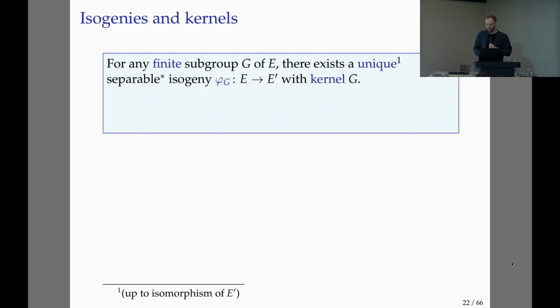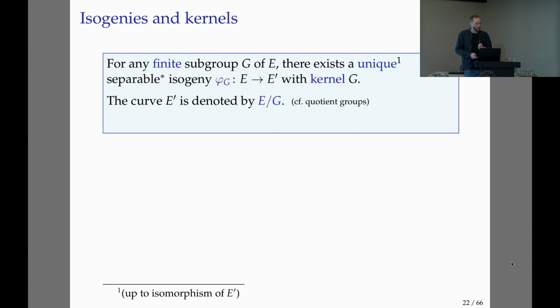And this isogeny is defined by the property that its kernel is just that subgroup. So it's a little bit like taking a quotient group or something, which is why we use that notation. You could abstractly always talk about this quotient group, of course, just by working with cosets of points. But what's interesting and not obvious here is that this quotient group actually is realized as another elliptic curve.